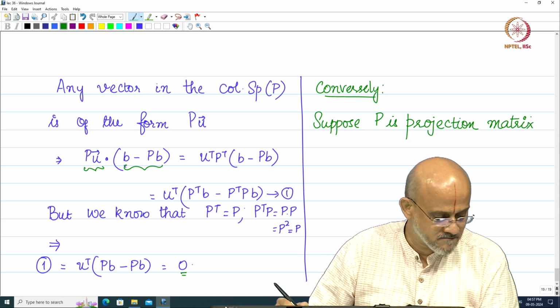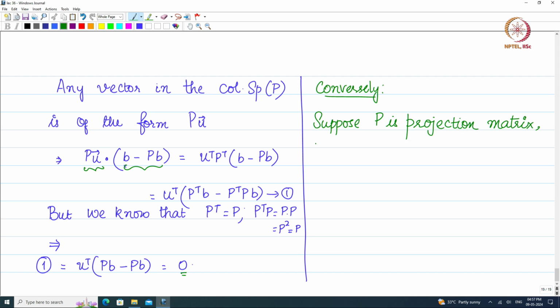We have, because we have already said P is a projection matrix, B minus the projection of B onto the column space of P is orthogonal to the column space of P.